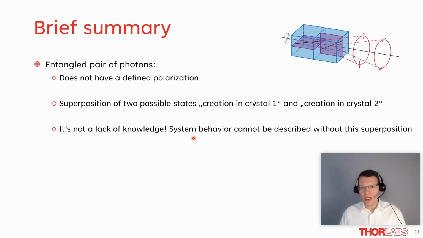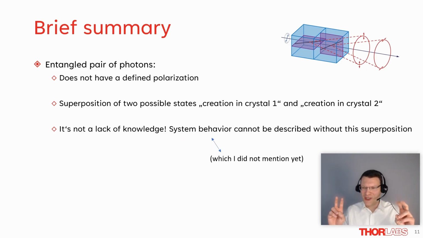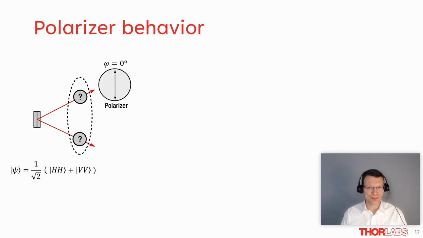It's really that you cannot describe the system behavior without picturing this as a superposition. And at this point, you may still think I'm being very vague because I've never described what system behavior actually means. You're completely right, and I will show you in a few slides so that we can actually talk about differences between entangled states and mixed states.